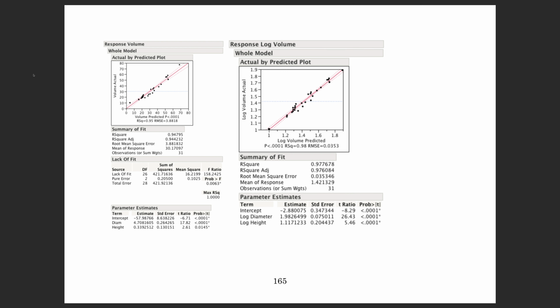And it's very hard to make sense because the units of volume are centimeters cubed, whereas diameter and height are both centimeters. So how can I possibly interpret the model on the left-hand side? It doesn't make sense. Whereas the model on the right makes scientific sense and it fits better.